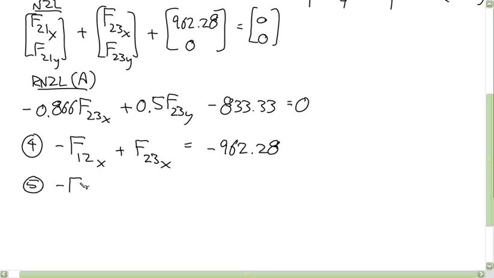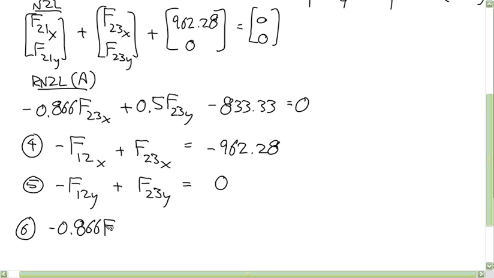Equation 5 says negative F12y plus F23y is equal to 0. And 6 says negative 0.866 F23x plus 0.5 F23y is equal to 833.33.